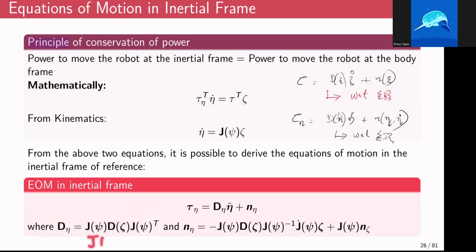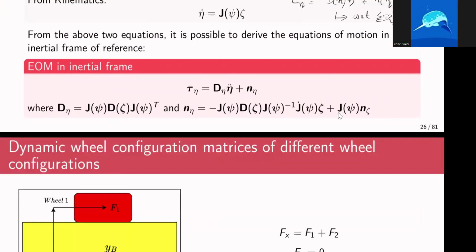So it's J D J transpose, and N of eta is nothing but minus J D J inverse J dot plus J N. So you have to do that for obtaining the Coriolis vector with respect to the inertial frame of reference. And how to derive these expressions were also discussed in the week 3 tutorial sessions.